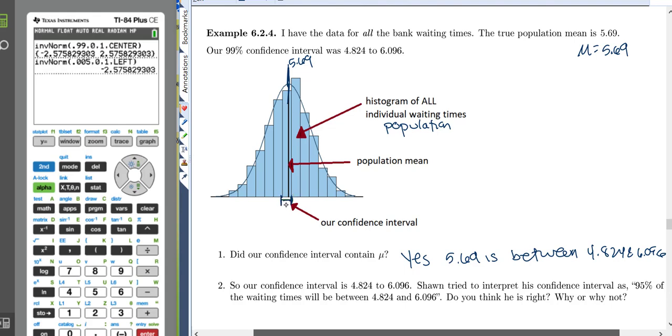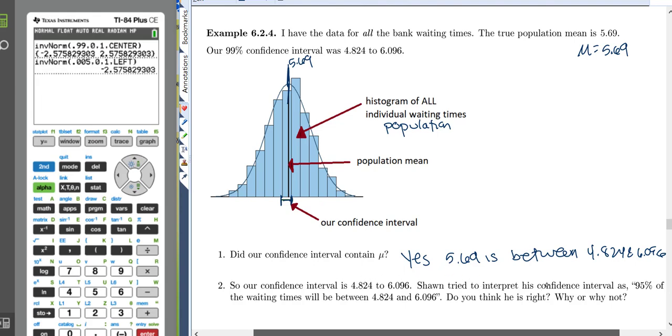Notice how small our confidence interval is compared to our entire population. When you take bigger sample sizes, your confidence intervals get smaller and more precise. So our confidence interval is very small compared to our original population, which tells you it's going to be more useful when we want to estimate our population mean. So our confidence interval is 4.824 to 6.096.